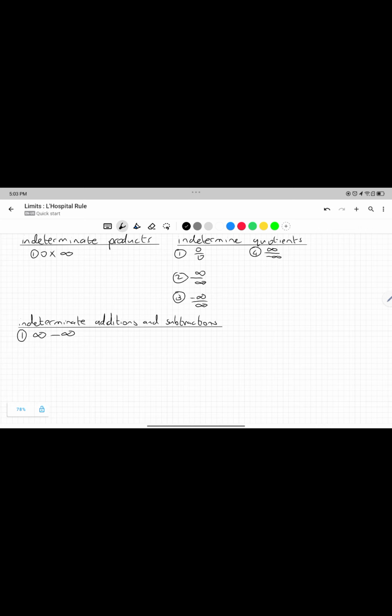Now we're going into indeterminate powers. It's 0 to the 0, infinity to the 0, and 1 to the infinity.